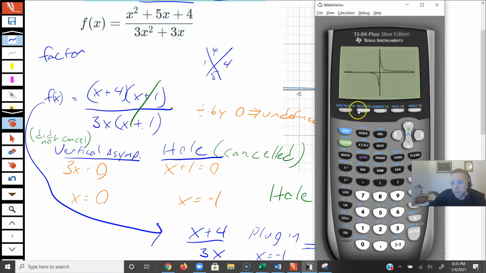But what is helpful is if I go to the table, so second and then graph to get the table, notice it gives me an error at x equals 0 and at x equals negative 1. So you're still going to have to do a little bit of work to figure out what is what, but that is a helpful hint to look at the table to confirm your work here.